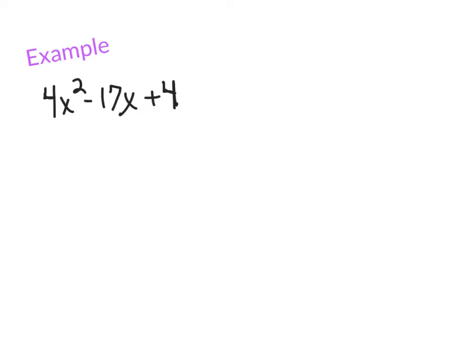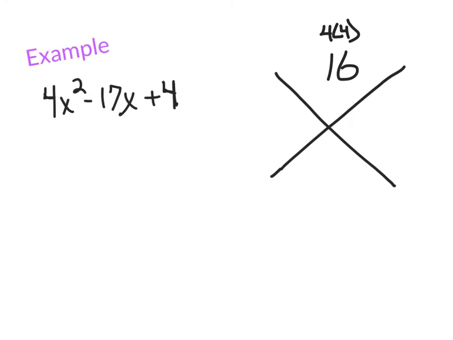Again, the first thing we do is the x game. We're going to multiply a times c, so we're multiplying 4 times 4, which is 16. Let me just write that up here. So our top number is 16, and we're looking for the factors of 16 whose sum is negative 17.